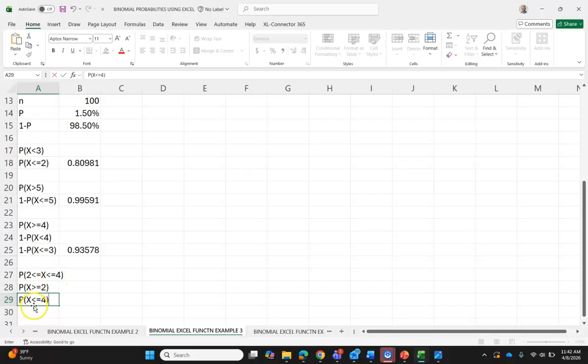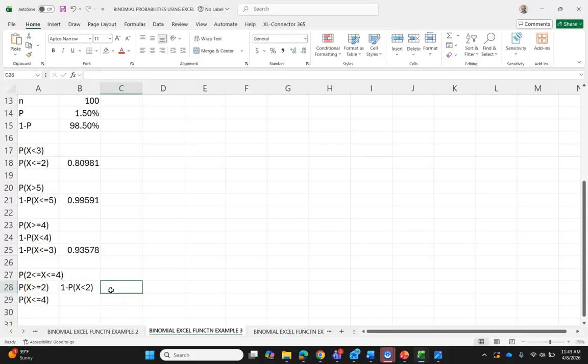So this one is okay, but we can use binomial dist because it satisfies the requirements. But this one has to change. In this case, it has to be minus. So I'm going to put 1 minus probability of x such that x is less than 2. So it is less than 2 because here 2 is included.